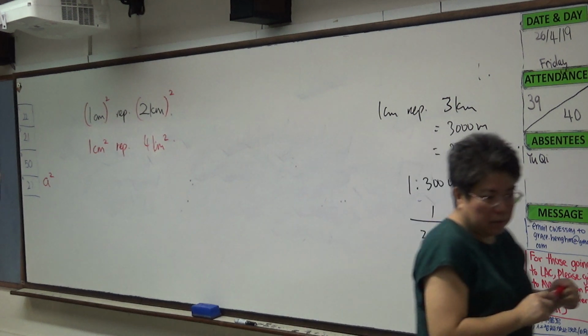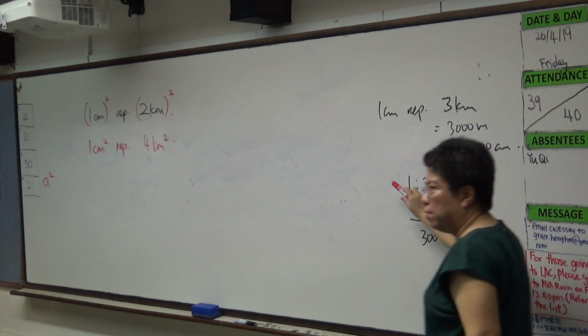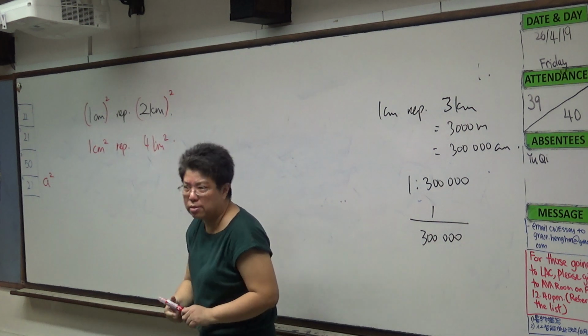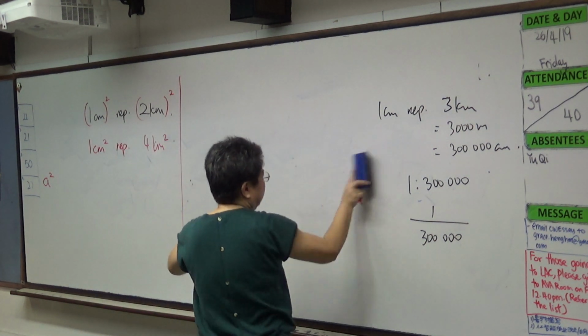Now, next I'm going on to example 15. I'll leave that over that side. I'll go to example 15 here. If you follow this, no problem. Straight away full marks. Understand? Now let's look at example 15.